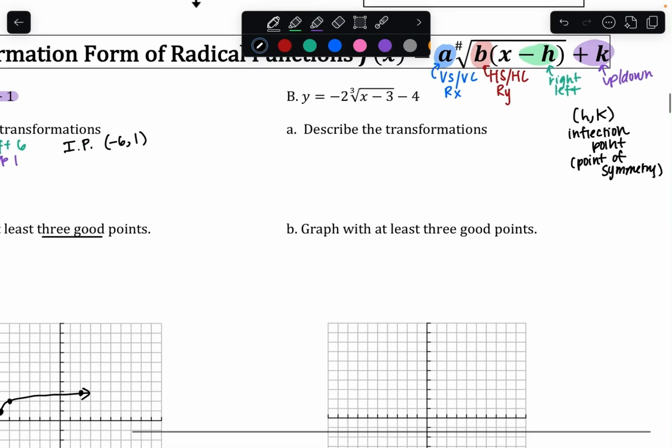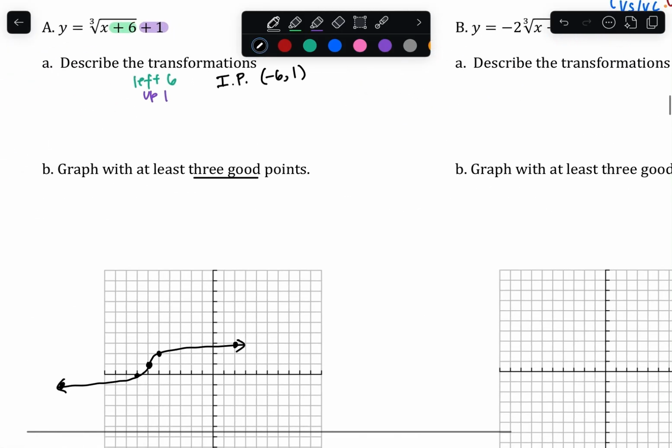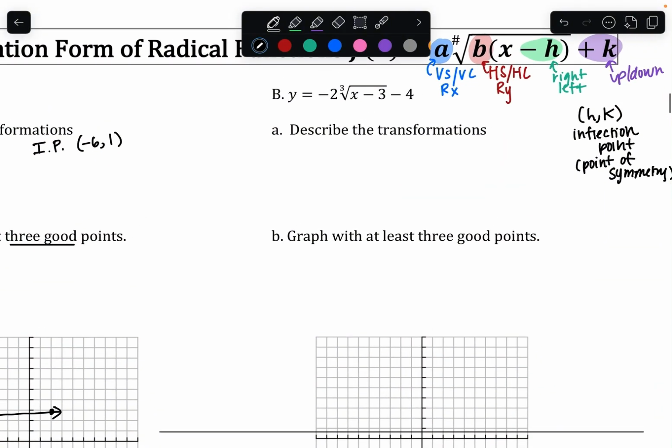Okay, and for this next one, we have several transformations. We have a negative outside, and then we have a scale factor of 2. So that's going to be our reflection across the x-axis, and then our vertical stretch by 2. And then we have a -3 under the radical, that's right 3.